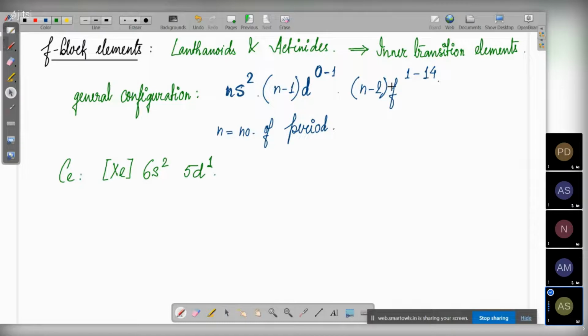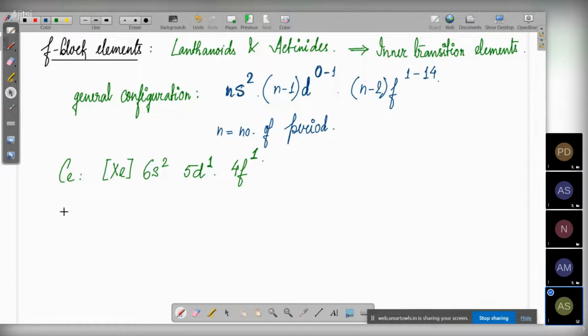Then again n minus 2, that is 6 minus 2, that is equal to 4f. How many electrons in the 4f orbital? Only one electron. So you see it is satisfying this condition. 6s2, 5d1, 4f1.